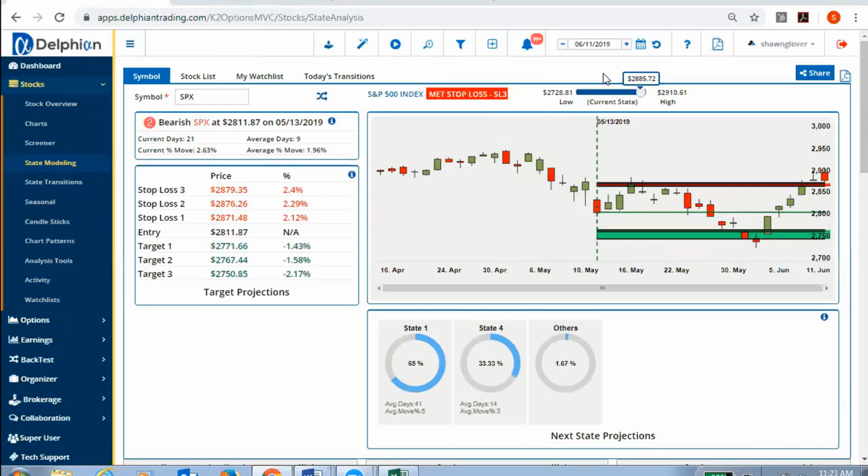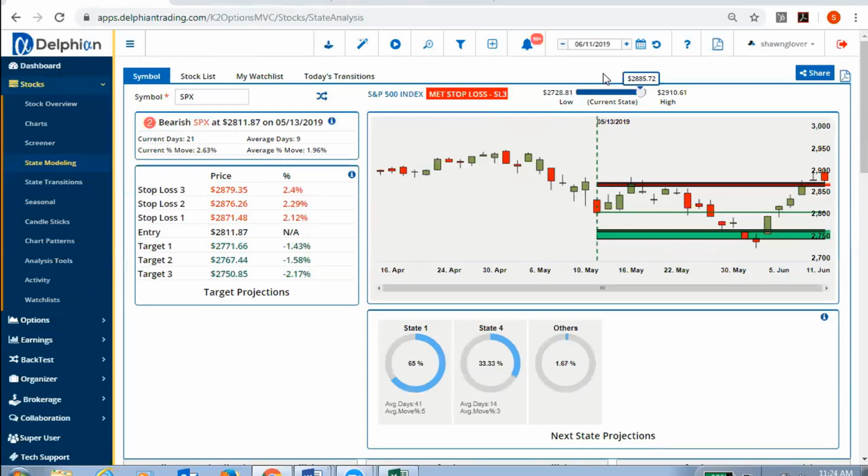Once it gets through that entry price, we expect it to run down and try to get to the target 3. It got through it, but bounced off, ran all the way up above the stop losses, and then went into state 1. So we're in a similar type of situation. It hasn't run down to the target 3 yet, but we're in a similar type of state 2 now.